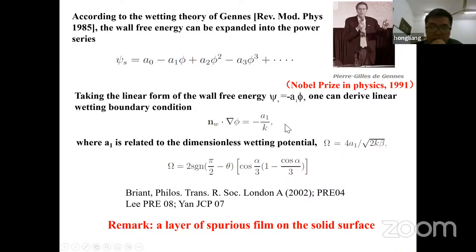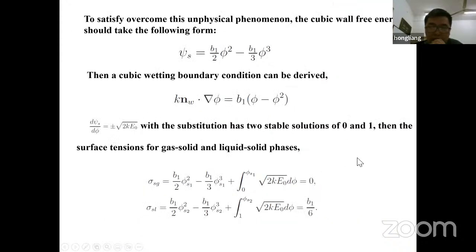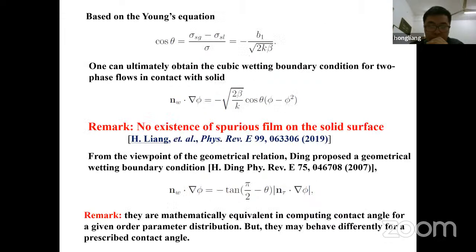To overcome this unphysical phenomenon, we use the cubic wall fluid energies, which can take the following form, and then a cubic wetting boundary equation can be derived. Here the parameter B1 can be obtained as follows. According to the Young equations, we can obtain the tensions between the liquid and solid and between the liquid and gas.